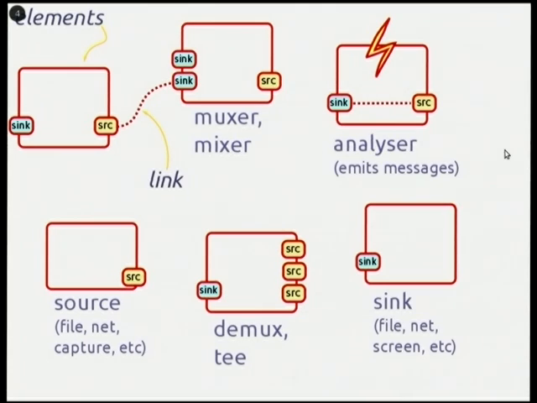And then some of them filter things, they change it along the way, like that one in the top left. And the top right is one that isn't changing the content, it's just analysing it and sending out messages. Then other ones combine streams or fork them.